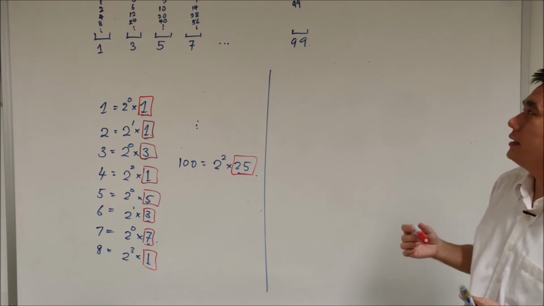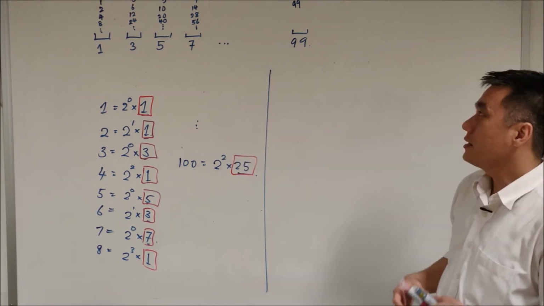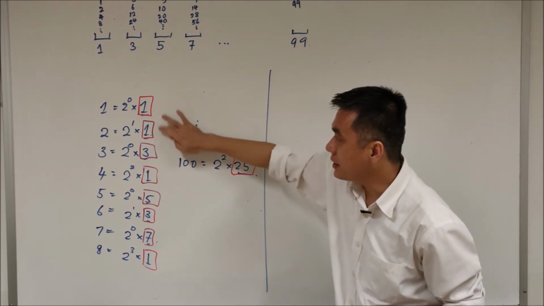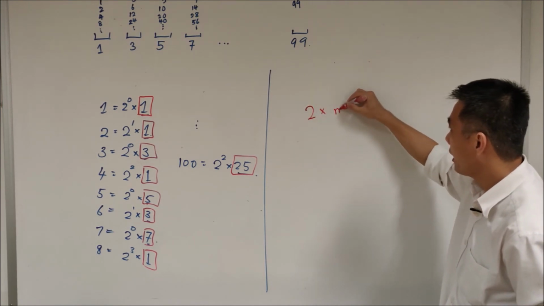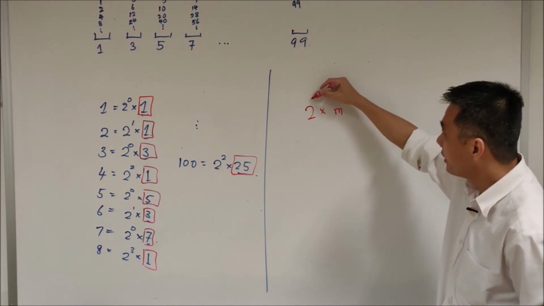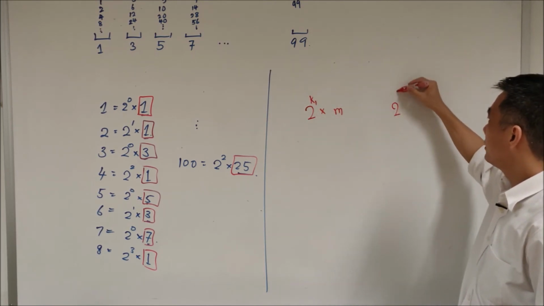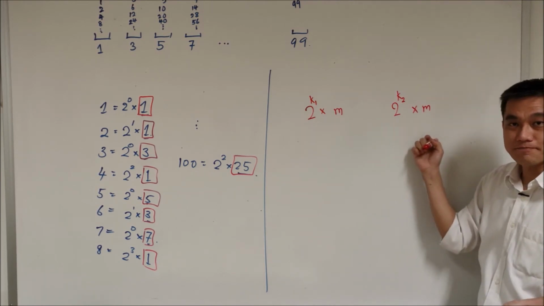So what happens if the numbers are grouped inside the same box? If they are inside the same box, then the m will be the same. So it will be 2 to the power k times the same m, with different k, maybe this is k1 and this is k2, but the m will be the same.